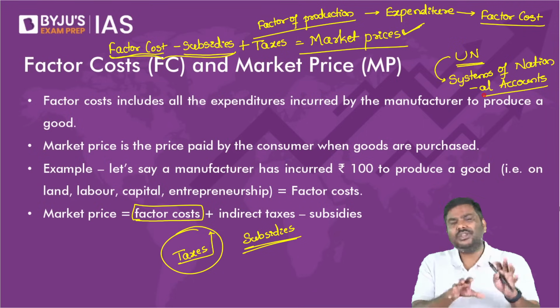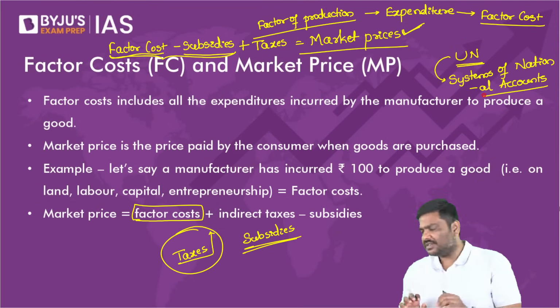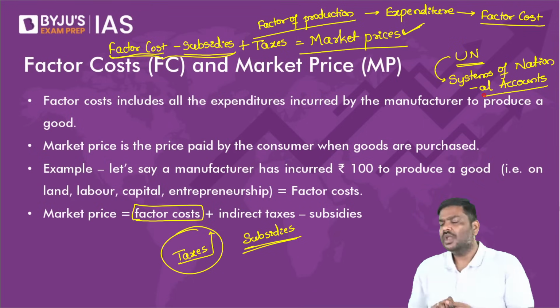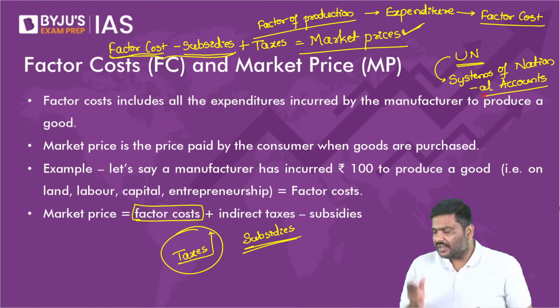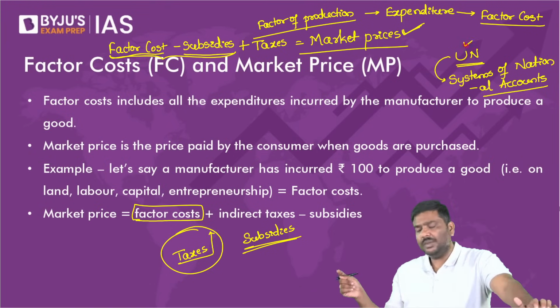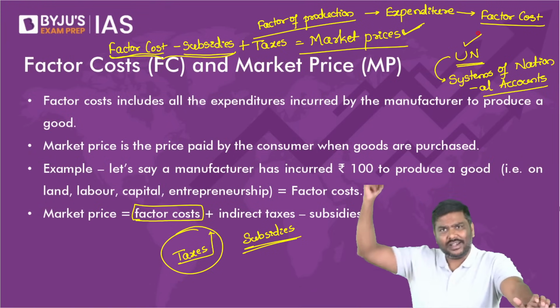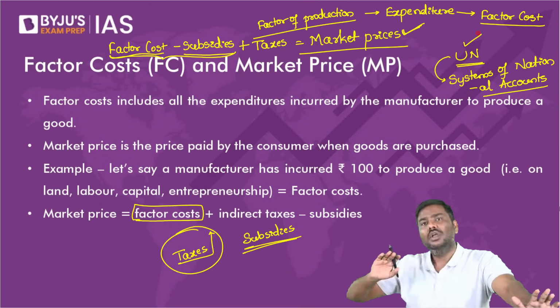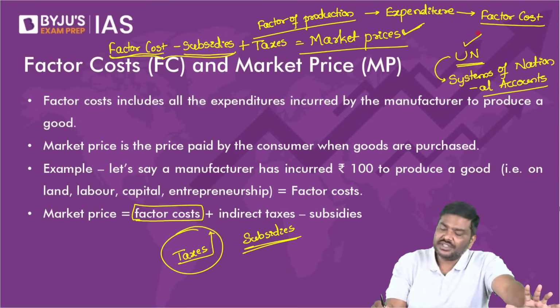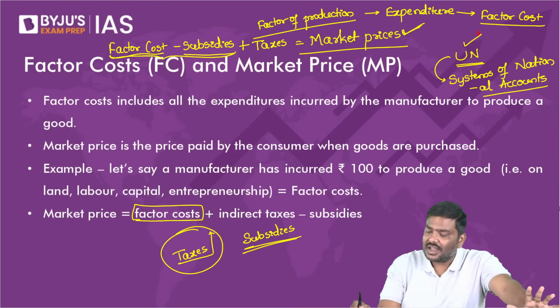Earlier we used to calculate GDP using the cost prices. Now, from 2015 we have shifted to a new methodology which was introduced by the United Nations many decades ago, referred to as the Systems of National Accounts.